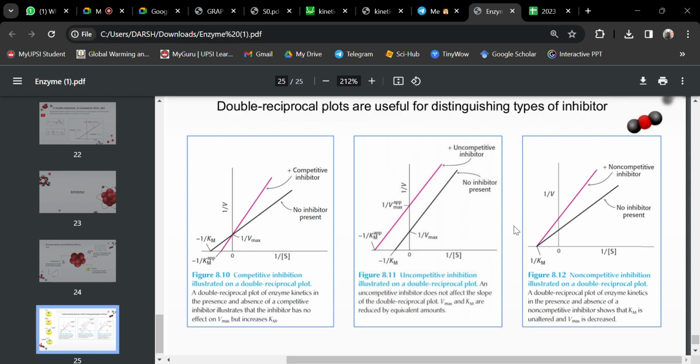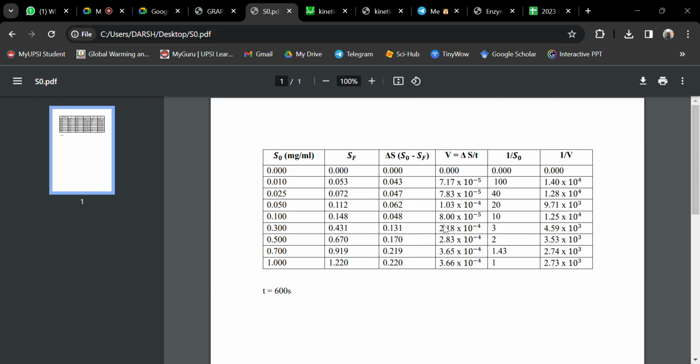Itulah cerita dia. So sekarang back to your data. If you look at your data tu dalam jadual tadi tu kan, there's a lot of things that we can ask you because the SF is higher than S naught. Maybe you can ask around your other group whether you got the correct version.